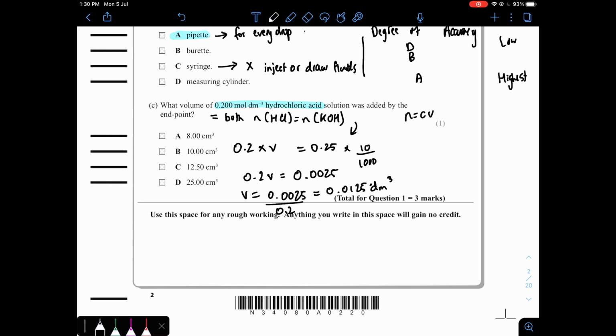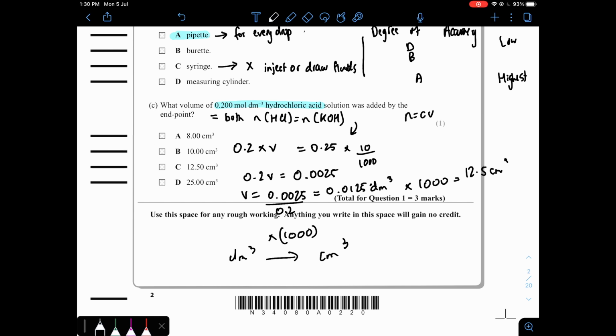Now to convert dm³ into cm³, all you have to do is multiply by 1000. So multiplying by 1000 will be 12.5 cm³.